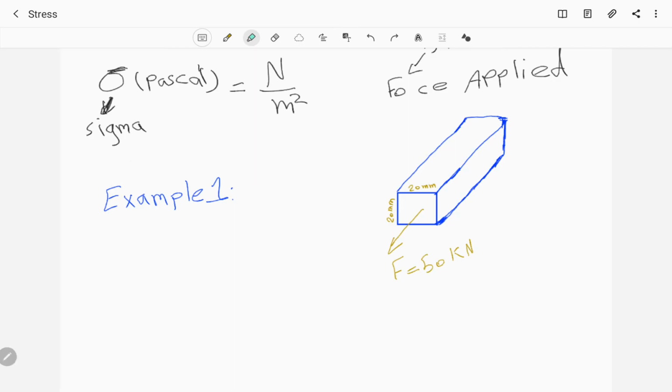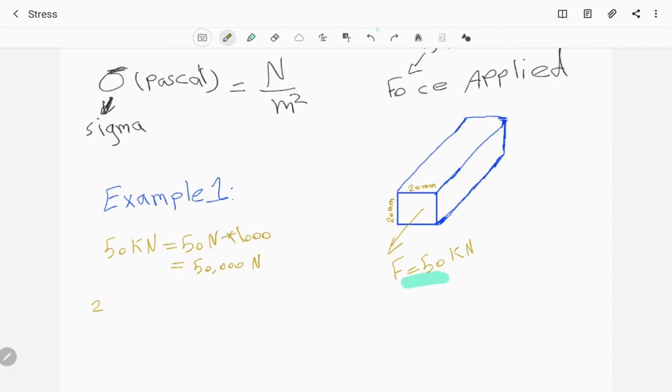So what we will do is change the force to Newton. 50 kilonewton equals 50 times 1000, which equals 50,000 Newton.